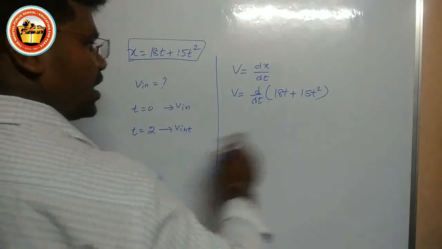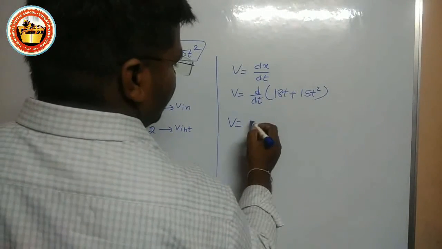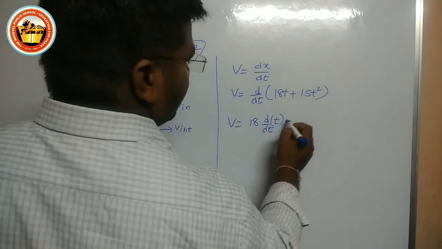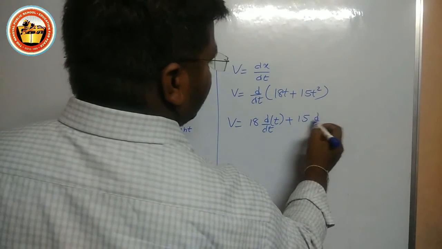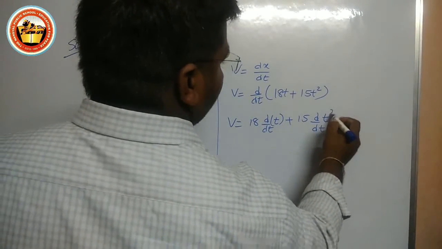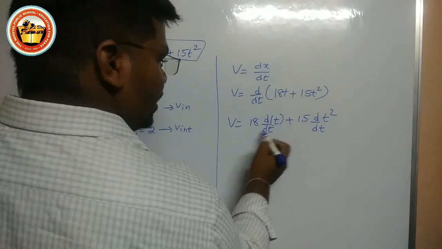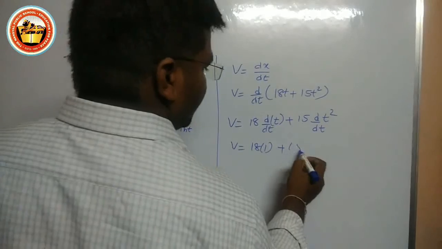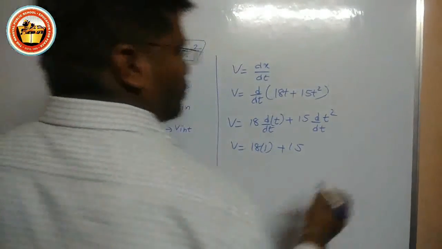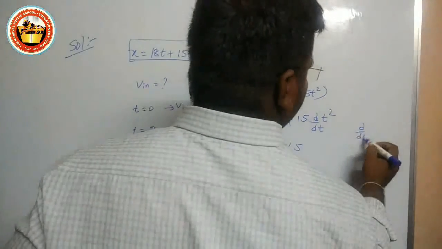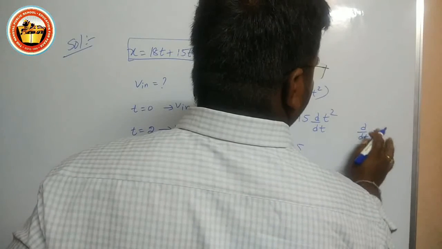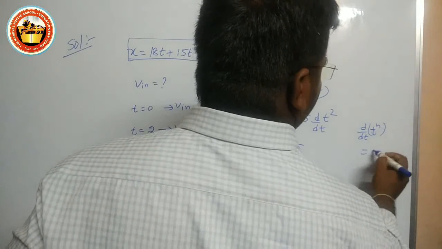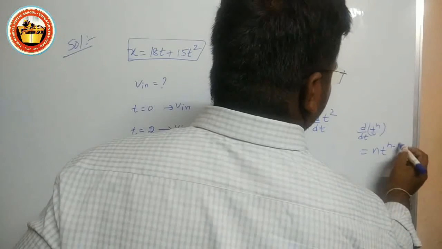So after expanding, v is equal to 18 times d by dt of t plus 15 times d by dt of t square. For t, we get 1, so 18 into 1, plus 15 times d by dt of t square.